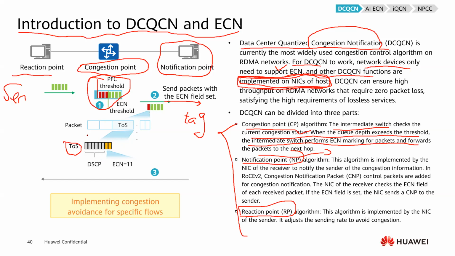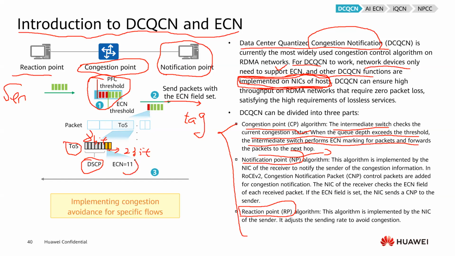In the ToS field of the IP header, it has 8 bits, and 6 bits are used for DSCP, and ECN uses the other 2 bits.